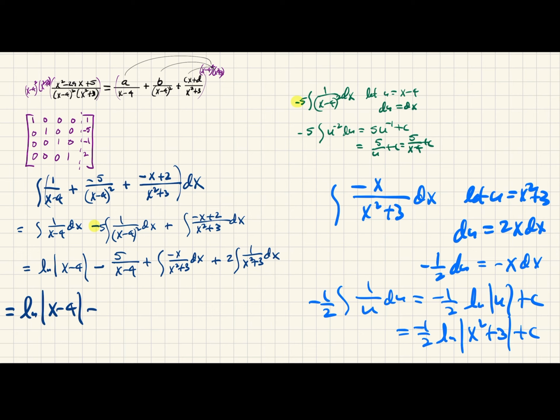Oh, yeah, so it should be plus, shouldn't it? Yeah, you're right. So that should be plus right there. Yeah, good call. So 5 over x minus 4. Then we have minus 1/2 natural log absolute value x squared plus 3.